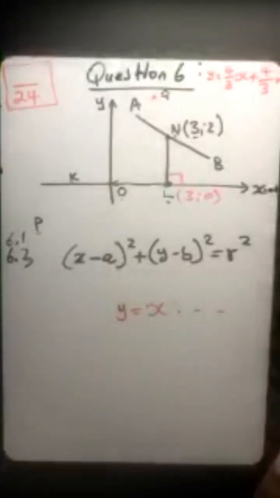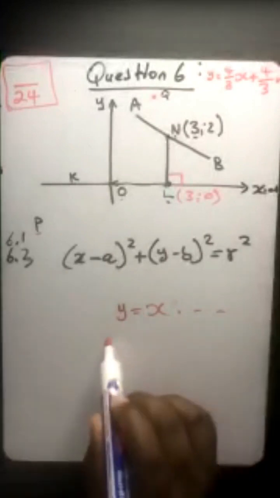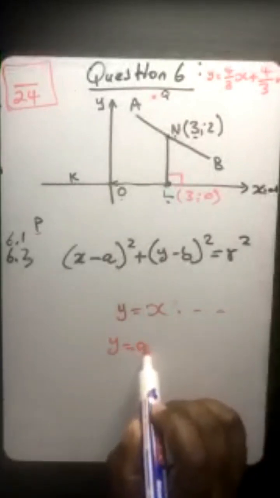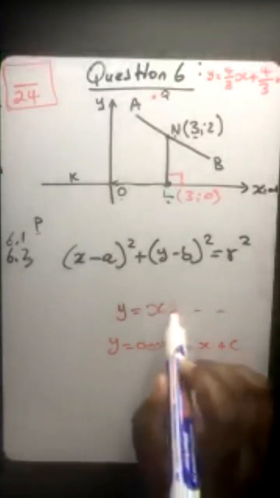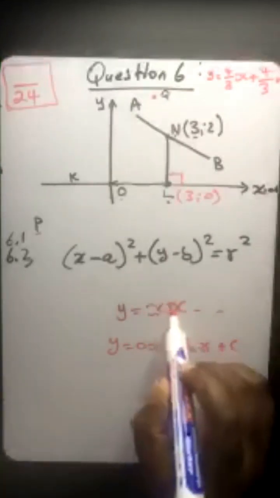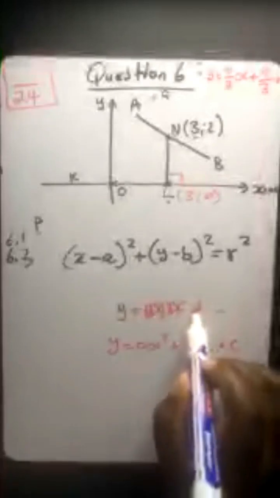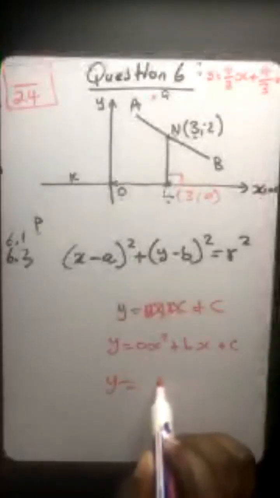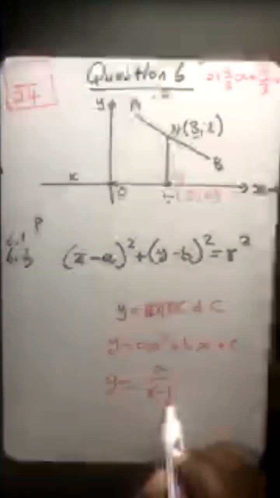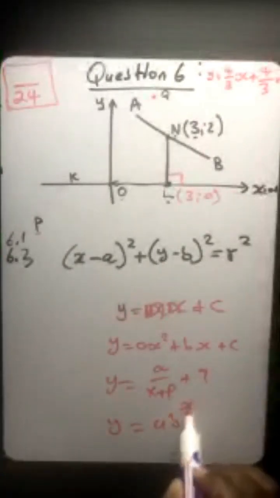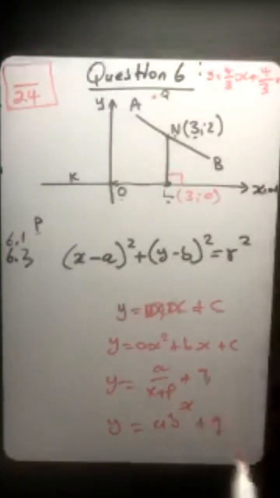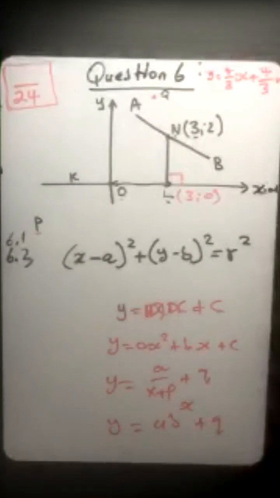If it's a parabola, find other values, let's say ax squared plus bx plus c. This one is y equals mx plus c. Hyperbola y equals a over that, that, and that. Exponential, let's say that, and that. So this is what I'm saying.